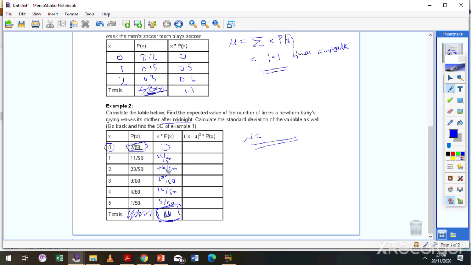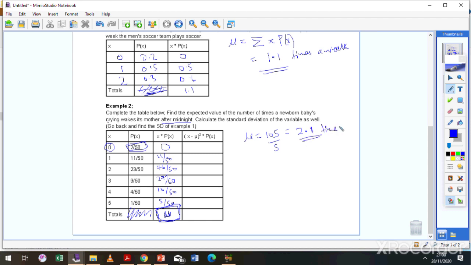If I do a quick addition, 46 plus 11 is 57, plus 20 is 77, plus 7 is 84, plus 16 is 105. So I get 105 out of 50, which is 2.1.